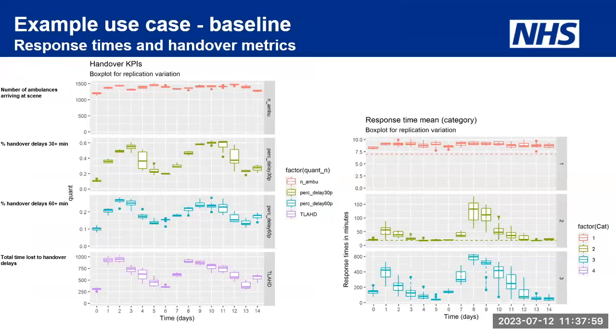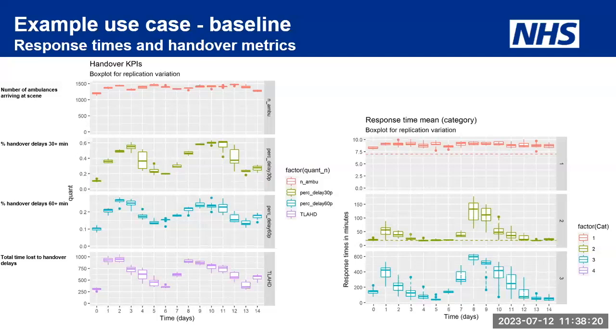You can see it varying over the days of the week, and you can also look at the total time lost for handover delays. As I said, this is something we calibrate for to a certain extent. But a lot of it still depends on the demand and other factors that you give the model based on actual information.